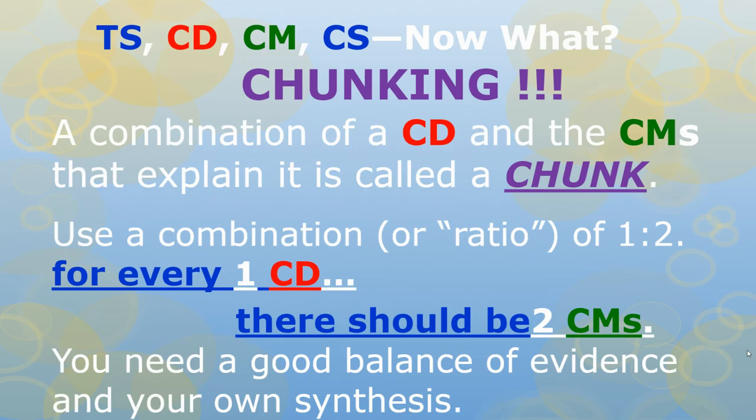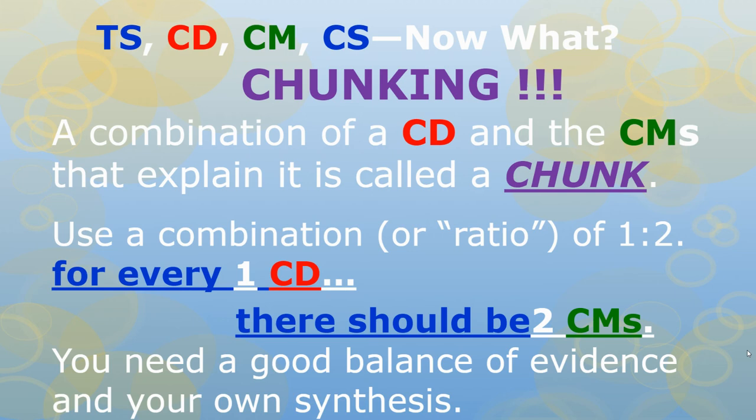So once you have those 4 pieces, then what you can do is you can do something called chunking. And this is a combination of a concrete detail and commentary, or in other words, a combination of evidence and your elaboration to explain it. We typically, remember, want a ratio of 1 to 2 or even 1 to 3. So 1 sentence of concrete detail, 2 sentences of explanation.